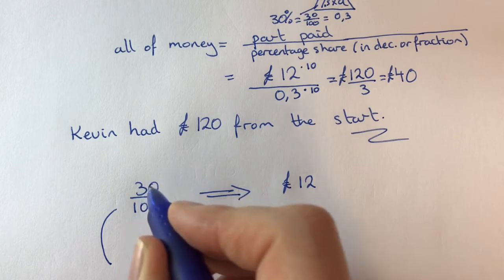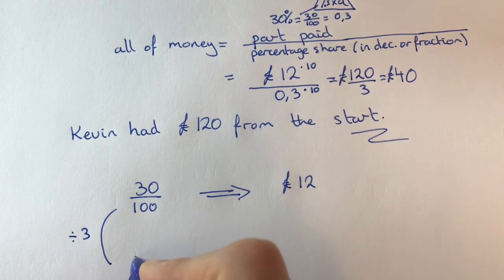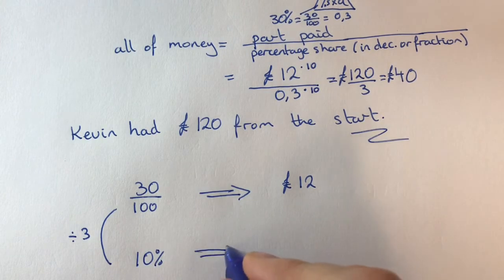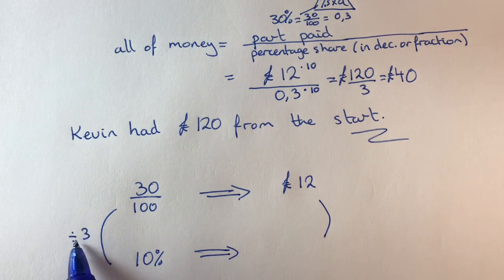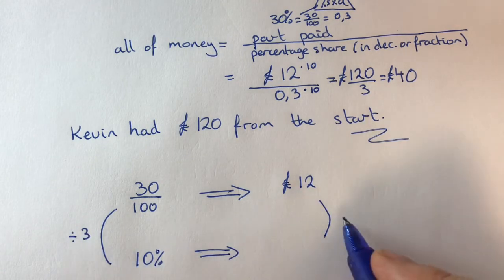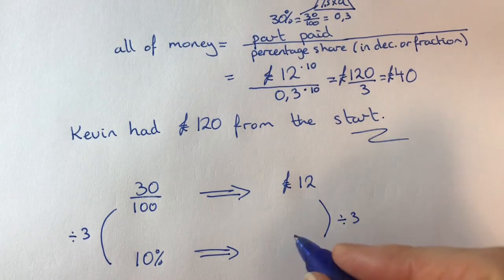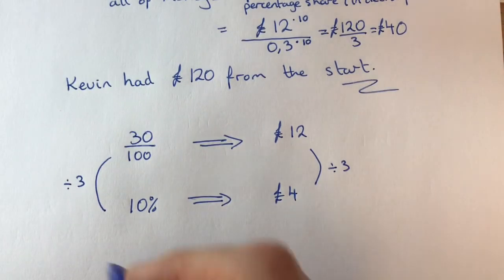Well, if we divide 30% by 3, we get 10%. So 10% must be equivalent to, if we divide the left-hand side by 3, we must divide the right-hand side by 3. 12 divided by 3 is £4. So now we know that 10% is equivalent to £4.